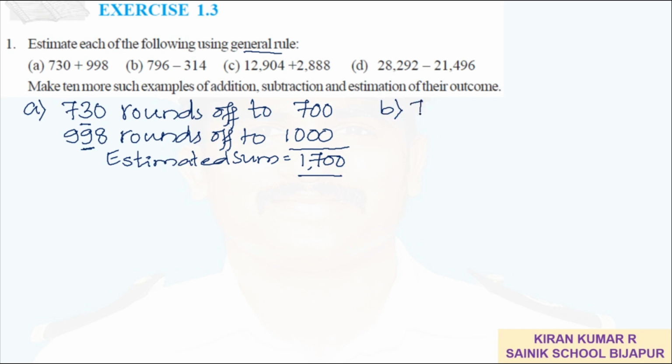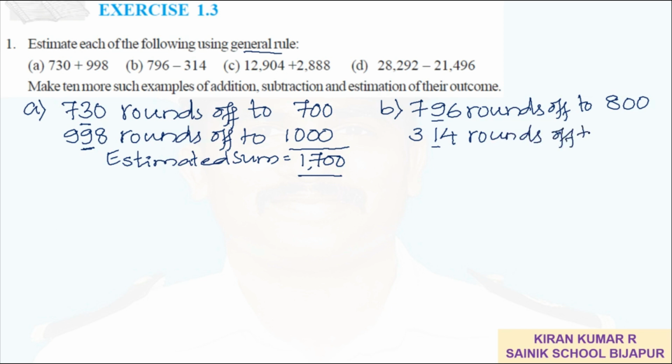796 and 314, both these are 3-digit numbers, so we will look at the tens place. So 796 rounds off to 800 and 314 rounds off to 300.